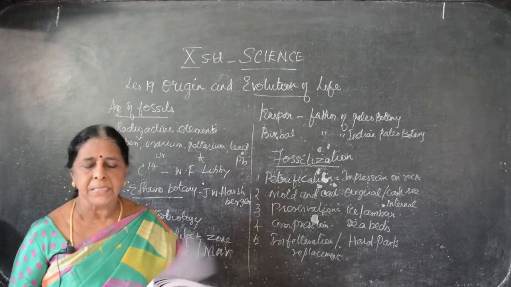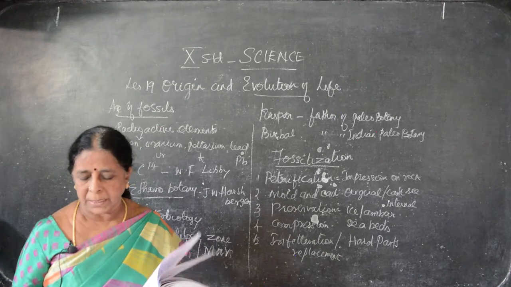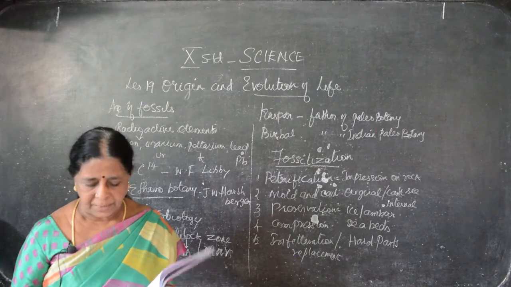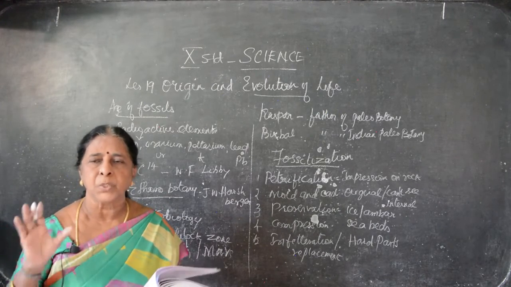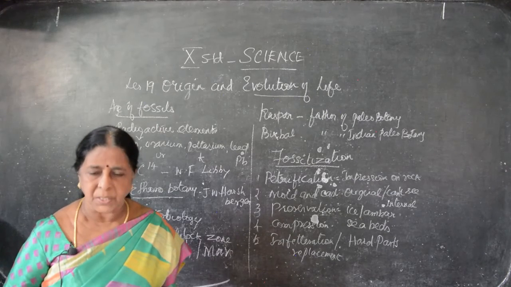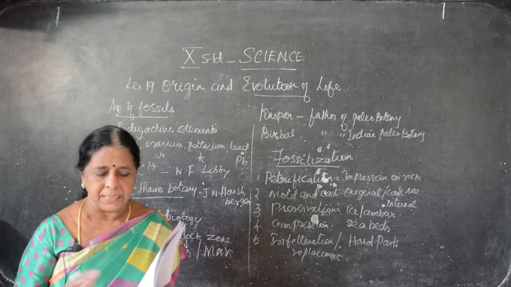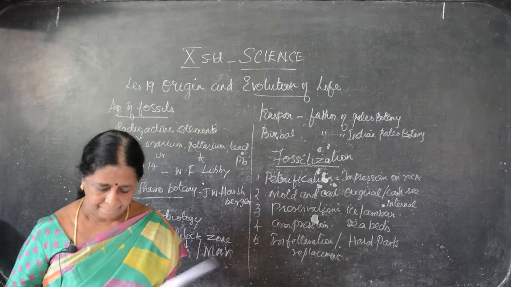And evolution theories: Lamarck and Darwin. Lamarck's theory is known as Lamarckism, Darwin's theory is Darwinism. The important thing to remember is that Lamarck means use and disuse theory, and Darwin means natural selection, survival of the fittest. Then variation, a slight change between us.